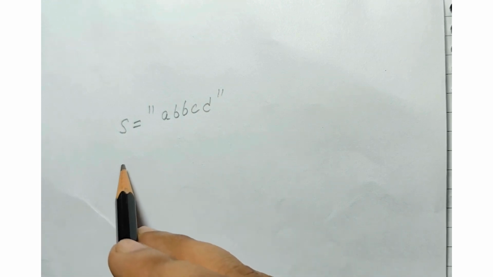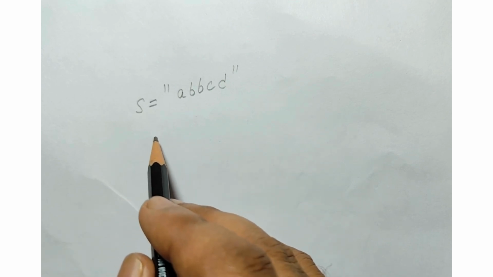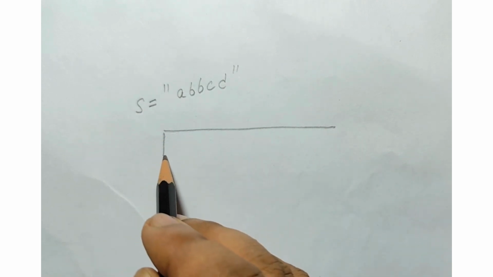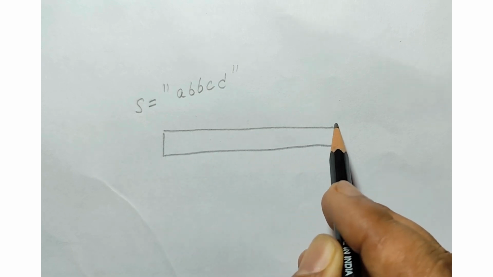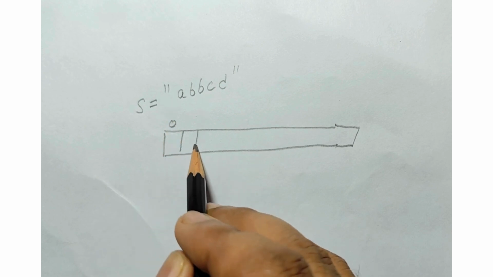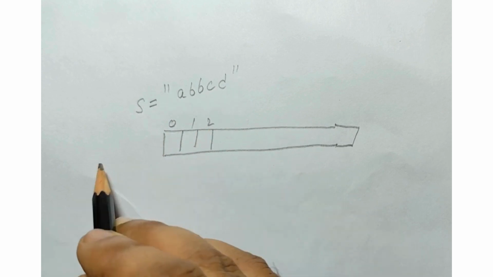Now what we have to do is calculate the frequency of each character. For finding the frequency, I create an array of size 26. Why 26?